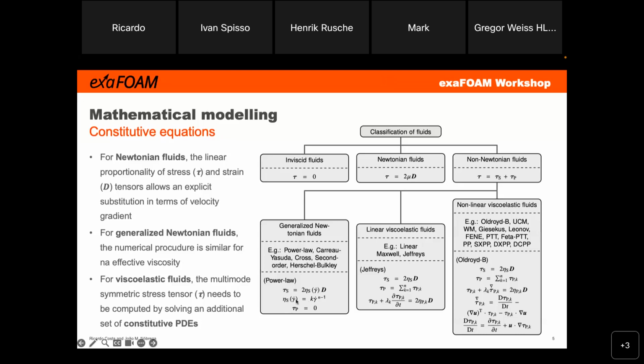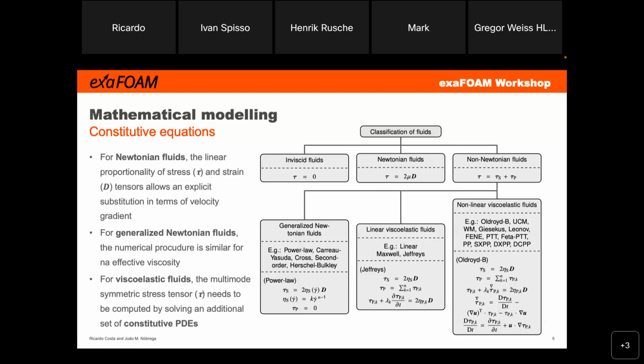It means that I will assume that my polymeric stress is null and my solvent stress is very similar to the Newtonian case, but I will simply replace the dynamic viscosity by an effective viscosity. And this effective viscosity then follows some law. In this case, we have the example of the power law, which is very, very standard.